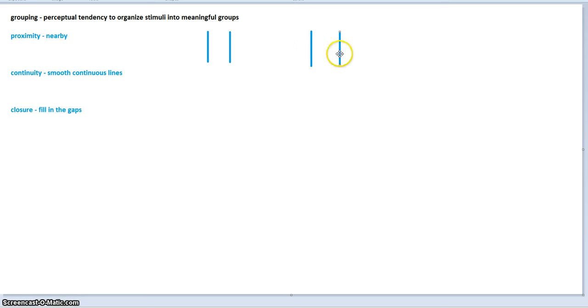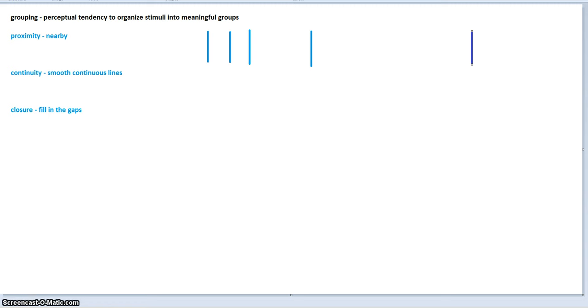If you moved it like that, you'd see it as 4 lines and then 1 line. So when things are near each other, you assume they go together versus when they are far away, like that. That's proximity.